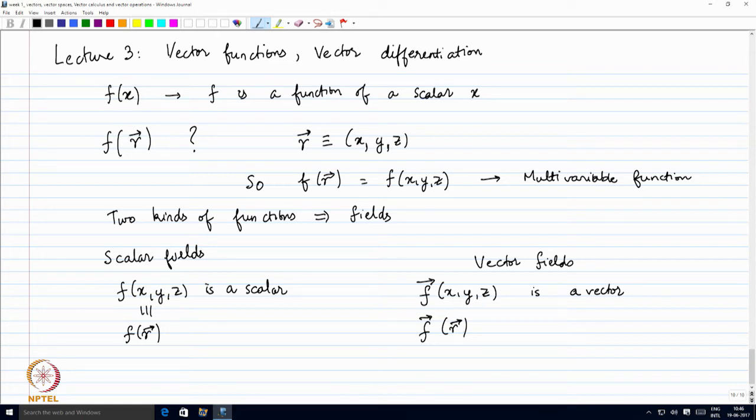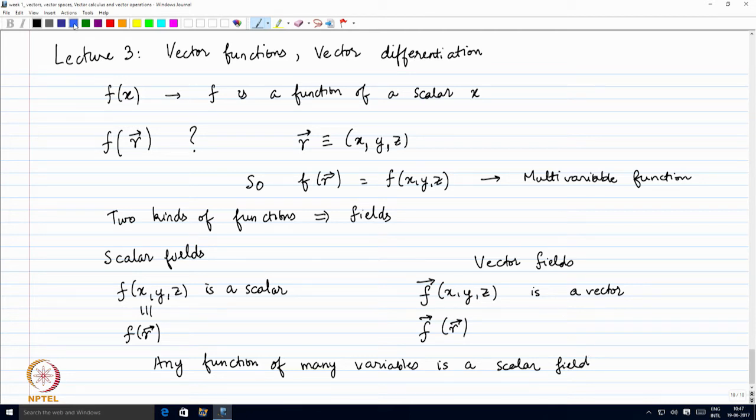And what do these fields represent? What I said is any function of many variables is a scalar field.